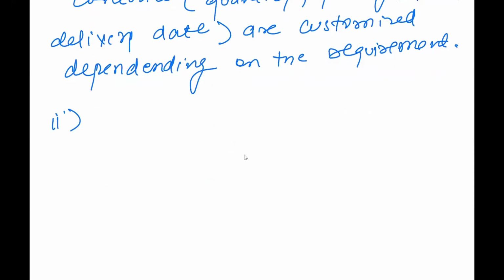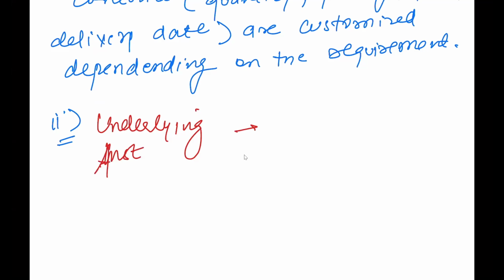Second, as we know, the underlying asset in a forward contract can either be a physical commodity or a financial instrument. So the underlying asset can be a physical commodity.